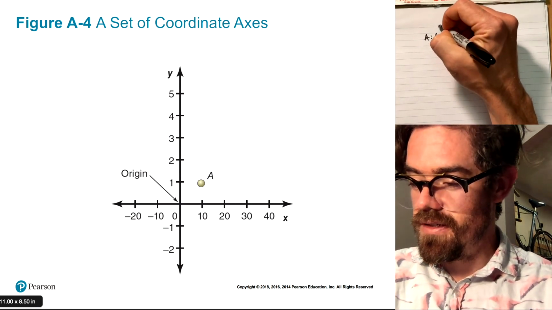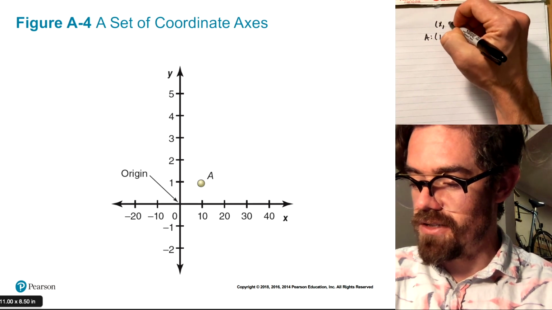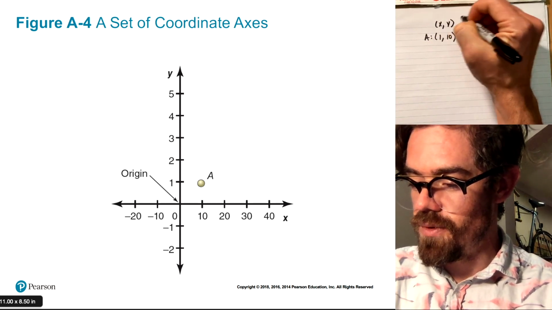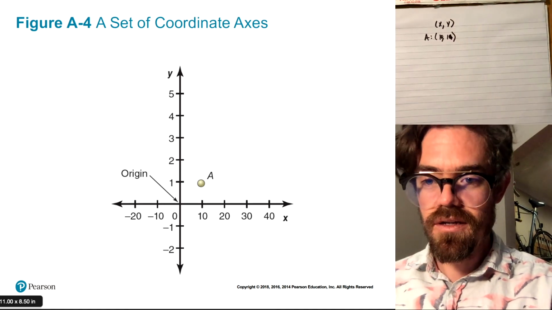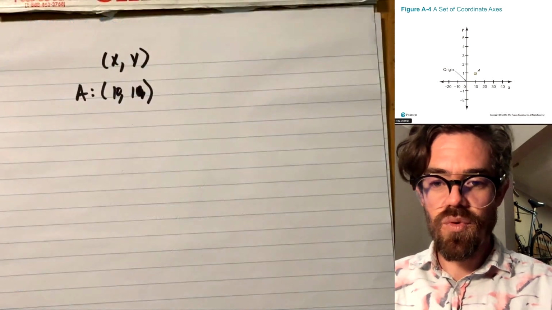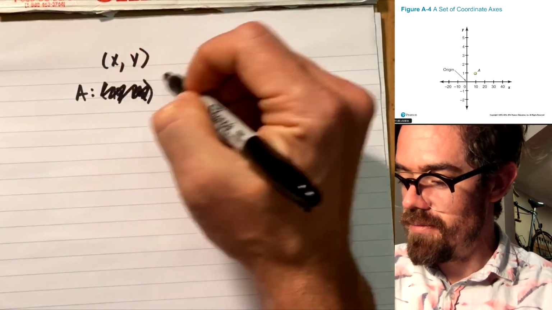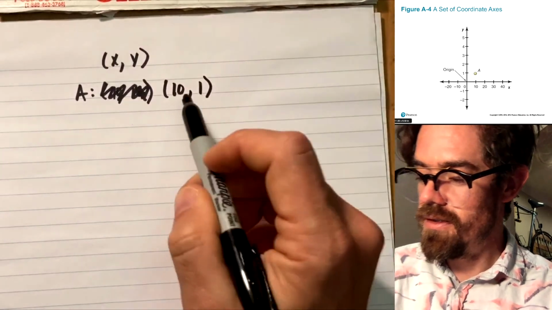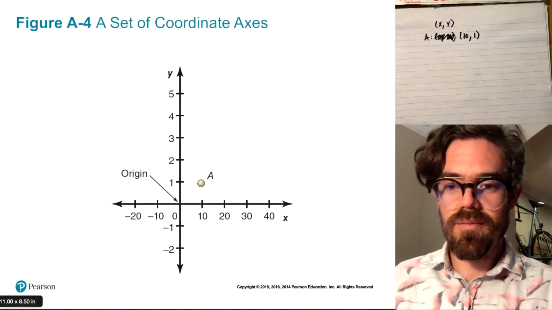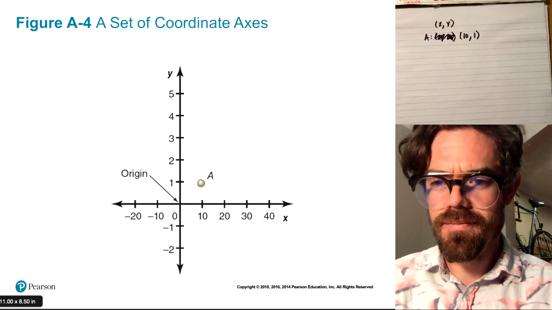As far as coordinates go, the first number is the x coordinate and the second number is the y coordinate. So actually it should be 10 and 1. Okay, so point A is at 10, 1. Let me just make this more legible here. 10, 1. Because the x value is 10 and the y value is 1. Okay.